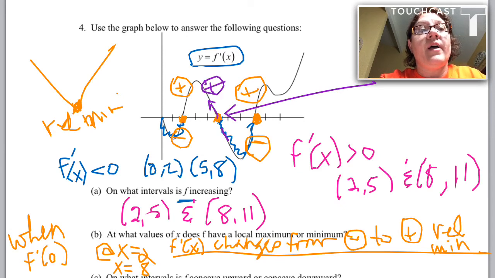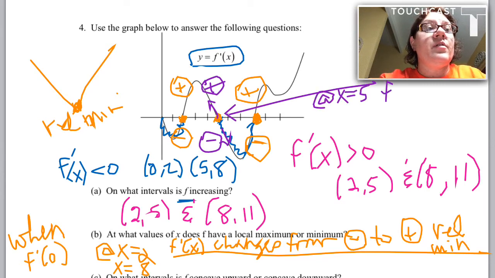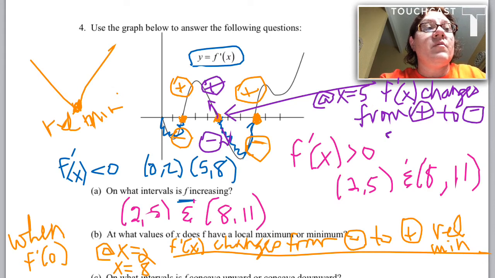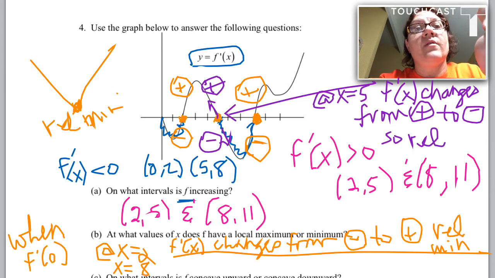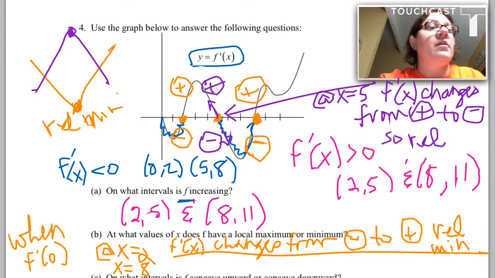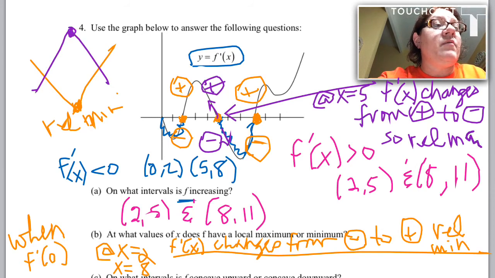To the right of 5, I'm negative. So at x equals 5, the slope changes from positive to negative. So it's a relative max. Positive to negative would look like that. So I get a relative max.